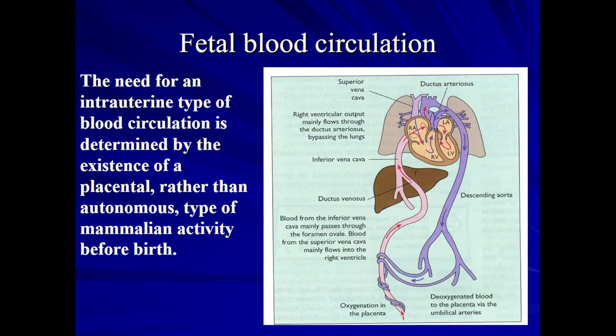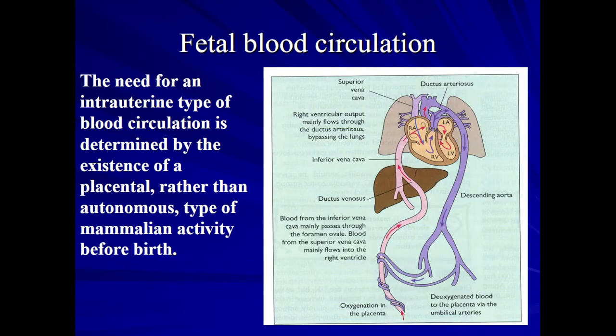Fetal blood circulation. The need for an intrauterine type of blood circulation is determined by the existence of a placental rather than autonomous type of circulation before birth.